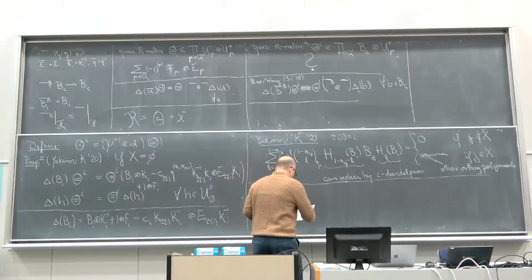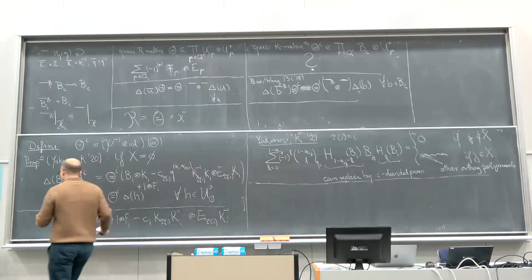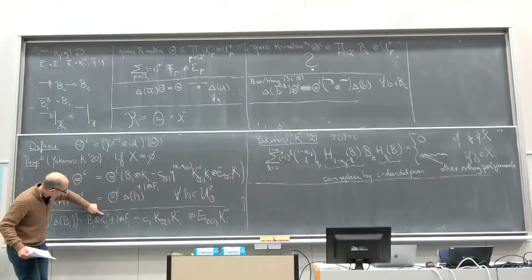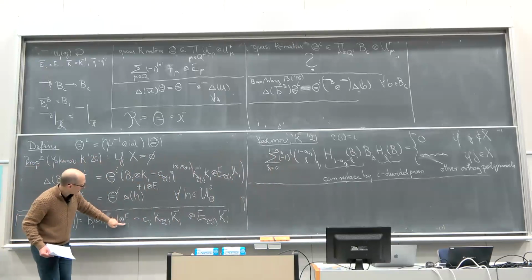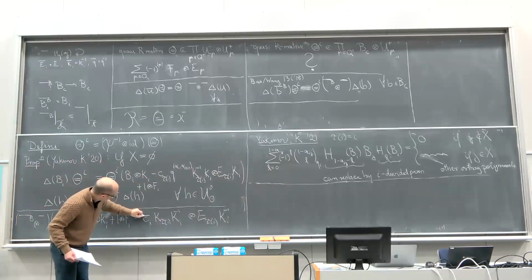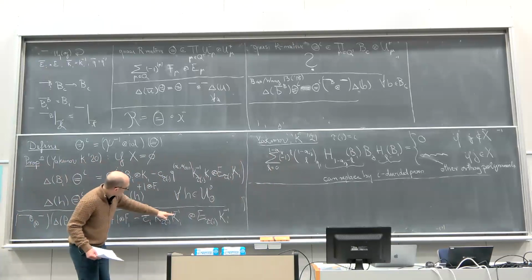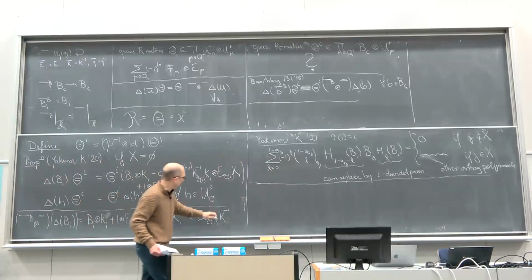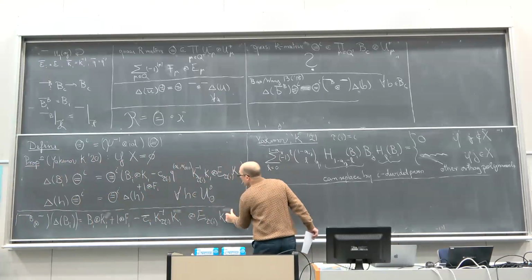Now, if I want to bar this, I apply bar B tensor bar U to this. Then this K_i to the -1 becomes a K_i. Here nothing happens. I have to bar the C_i. This thing becomes its inverse. And here the K_i to the -1 becomes a K_i.